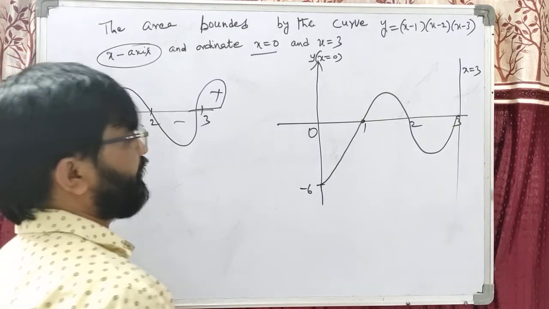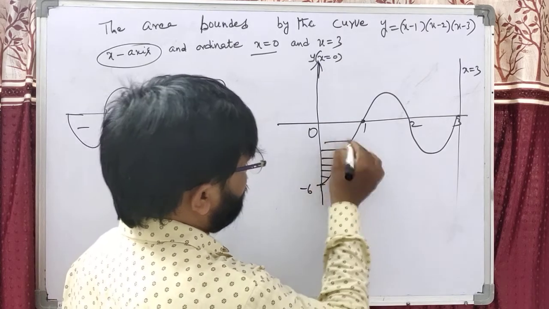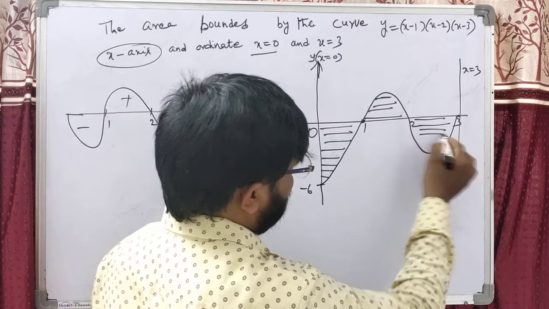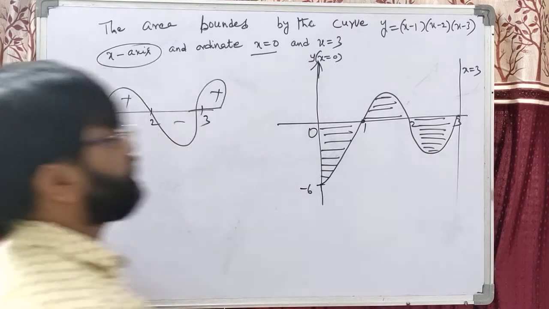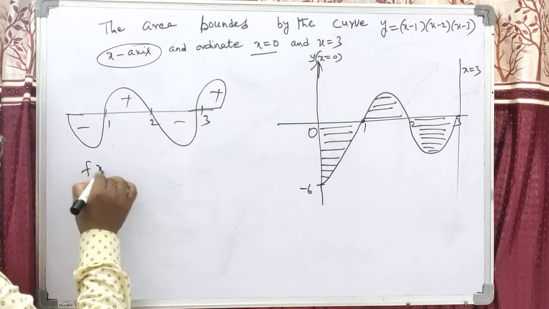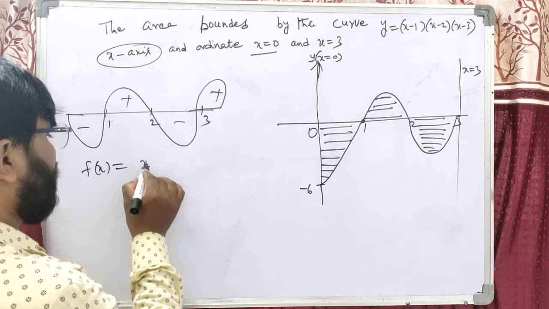Now we can take the limits x equals 0 to 1. This is the region. 1 to 2, this is the region. 2 to 3, this is the region. Okay students, how to find the area? Now we can find the required area. First of all, f of x is given as x minus 1 and so on.